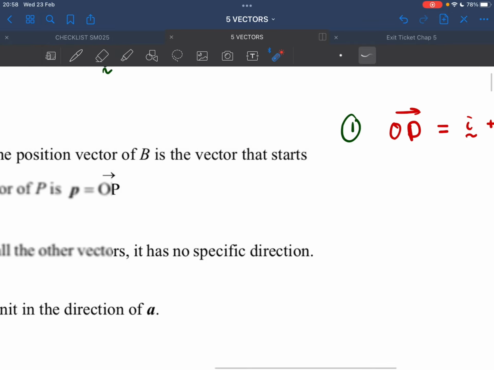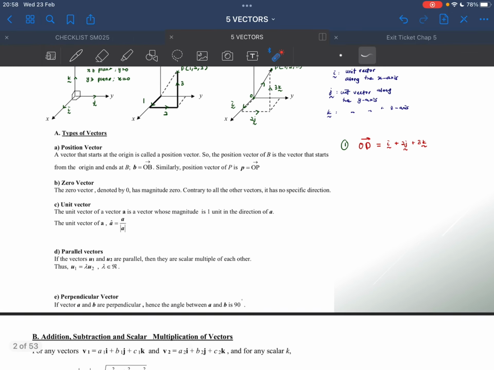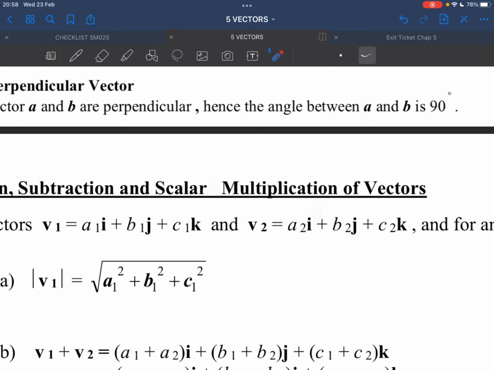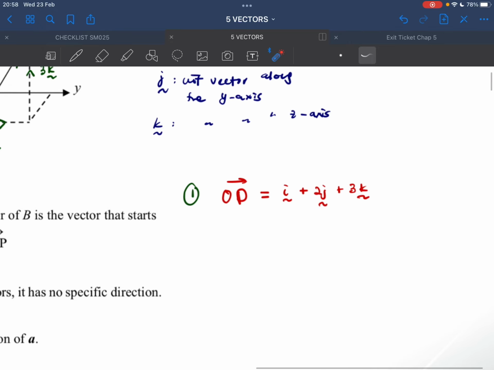As you can see from the printed notes, it is bolded. ijk is bolded, that means it is a vector. So when we write it, you have to put the wavy line. If there is none, that does not mean a vector, and your final answer will be wrong. So please remember, if you do a vector question, you must have the wavy line.